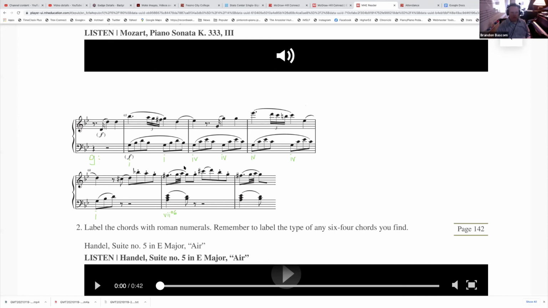Next chord. Is that a 1? It is a 1. 1 what? 6? I will buy that.